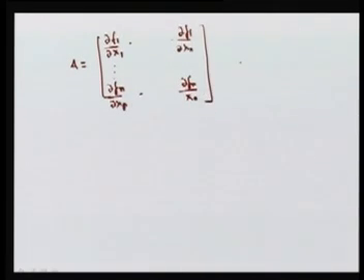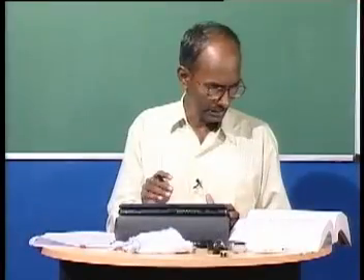So this is an n cross n matrix. This is a square matrix, and this matrix is very useful, as it gives information about your system behavior. This is called the state transition matrix.